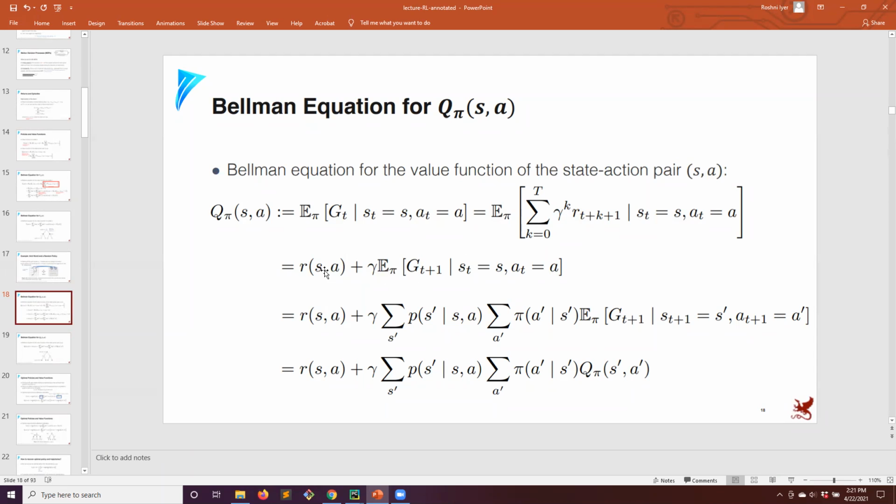And again, we can rewrite it like this with the reward plus the discounted expected reward at the next time step, this is the G_{t+1}. And we can write this in a similar way, just like we looked at the value function for the policy, except the only thing we have in addition is we also have the action terms. And then we can essentially write it this way.